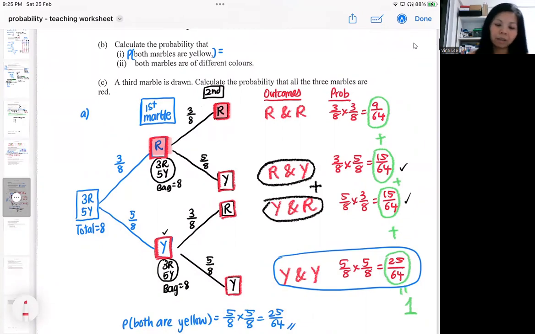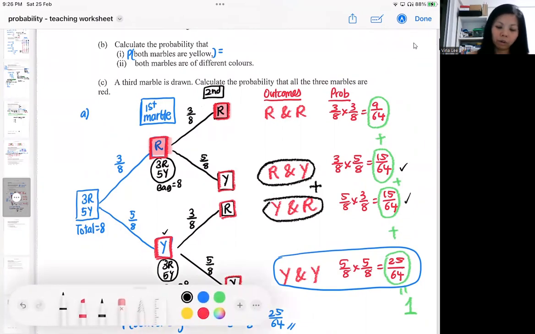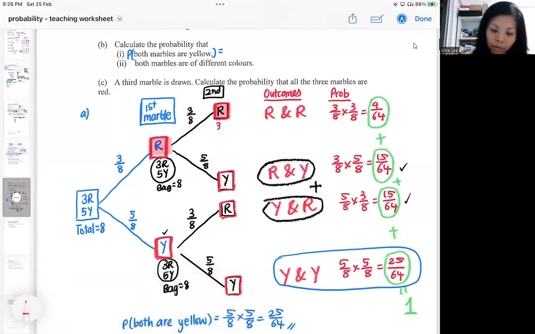Imagine you take the second red ball, you are still going to return it, and your bag is still going to consist of 3 red and 5 yellow. So if you pick the third one, what is the probability that it will be red? It will still be 3/8.